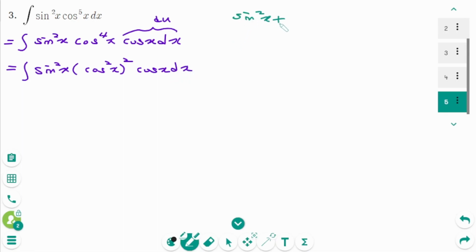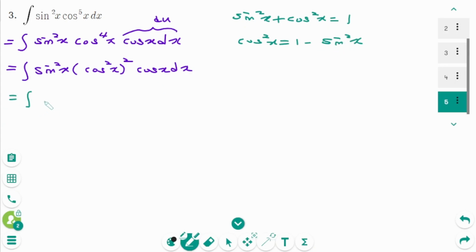Sine squared x plus cosine squared x equals 1. Then cosine squared x equals 1 minus sine squared x.